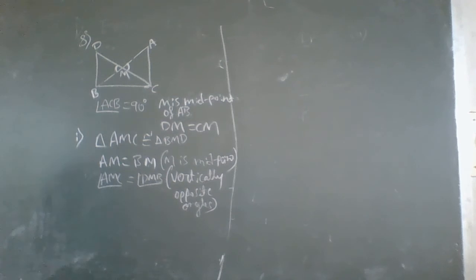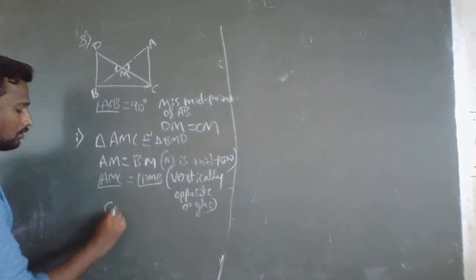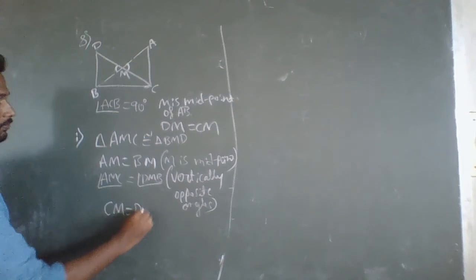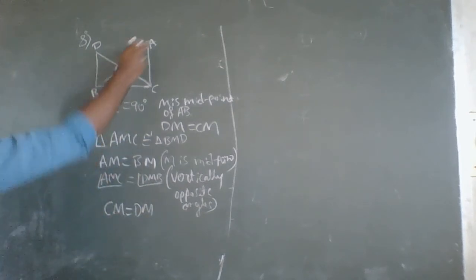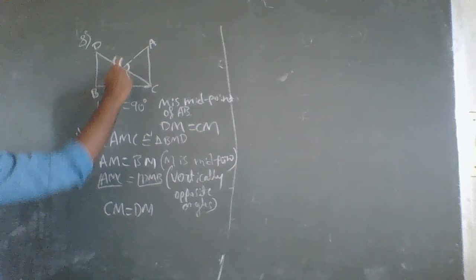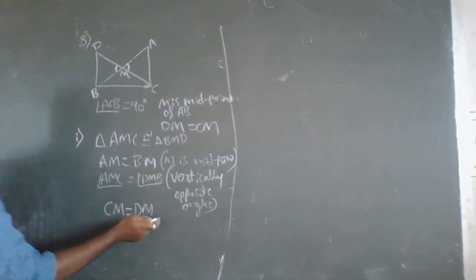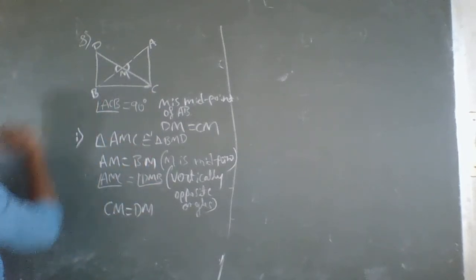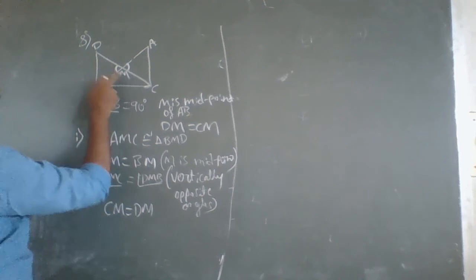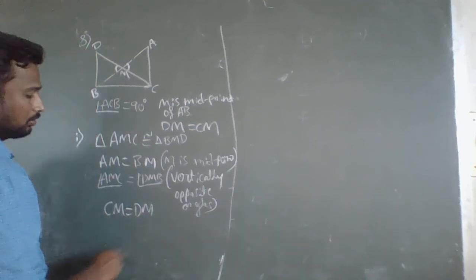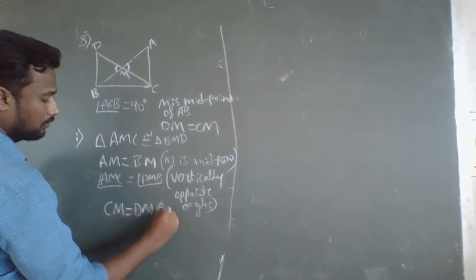And now we can write CM is equal to DM. CM is a side of triangle AMC and DM is a side of triangle BMD. Therefore, CM is equal to DM, given.